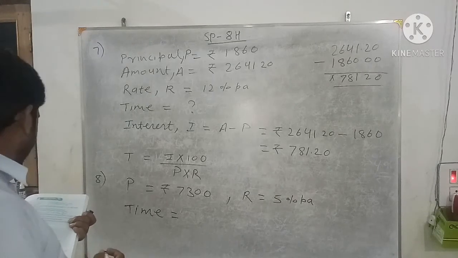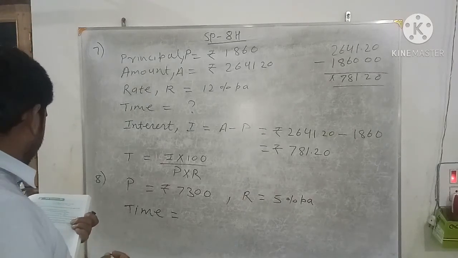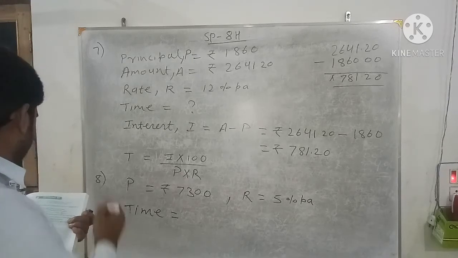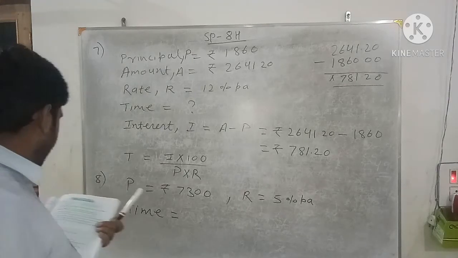10 May 2017 to 10 September 2017. So how do you calculate the time from 10 May to 10 September?